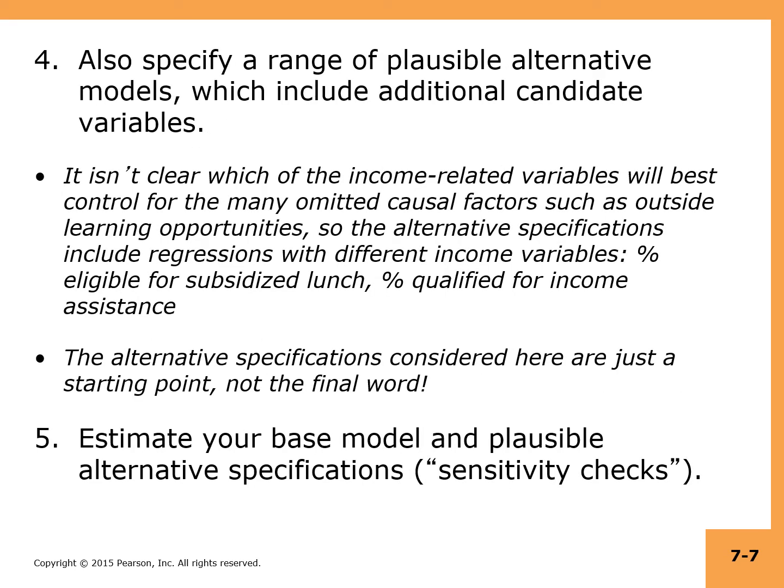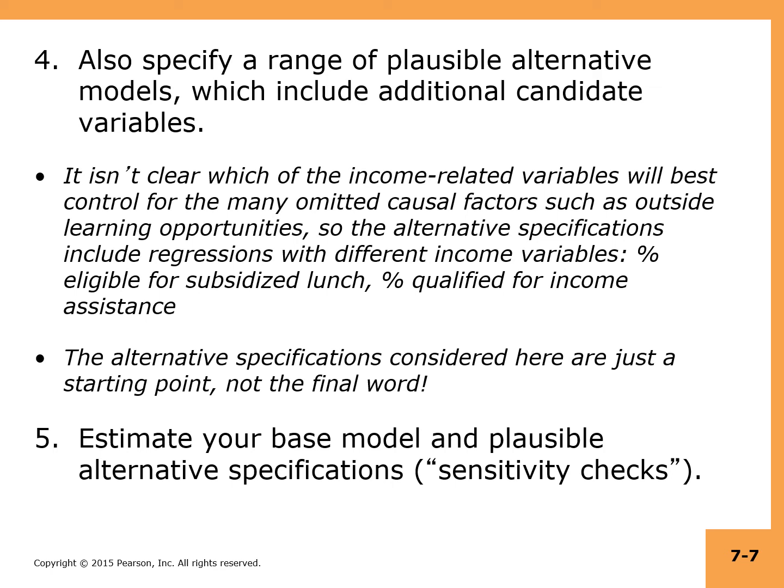So the next step is to consider other alternative specifications. In our case, we said our control variable would measure the district's wealth, and we proposed two different measures. The first is the percentage of students who are eligible for subsidized school lunch, and the second variable is the percentage of students who are qualified for income assistance.